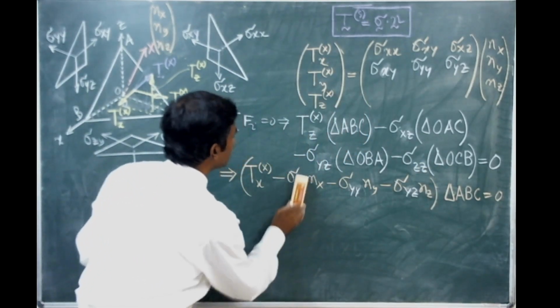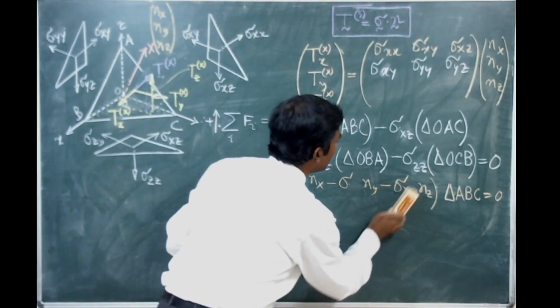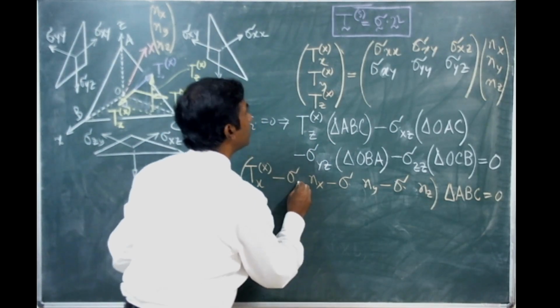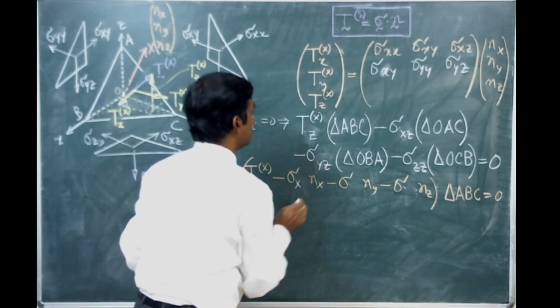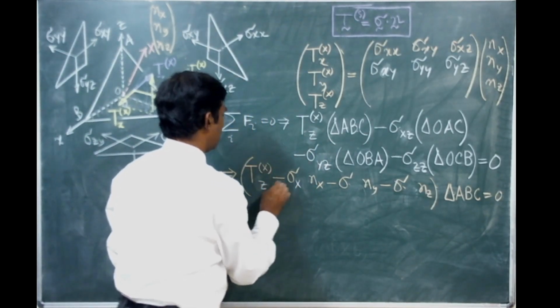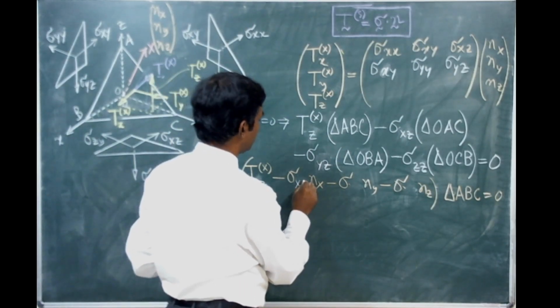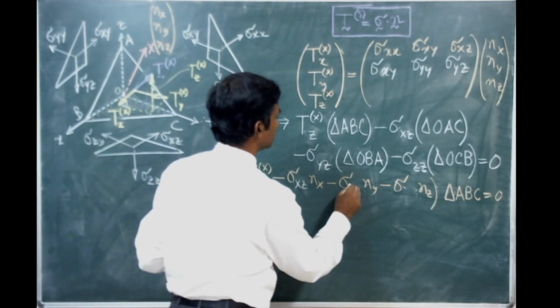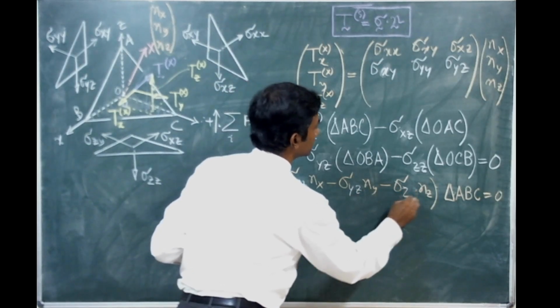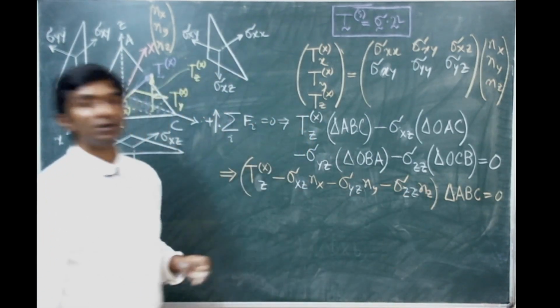So here you see all the other entries, the form remains the same, only these entries are taking different values.